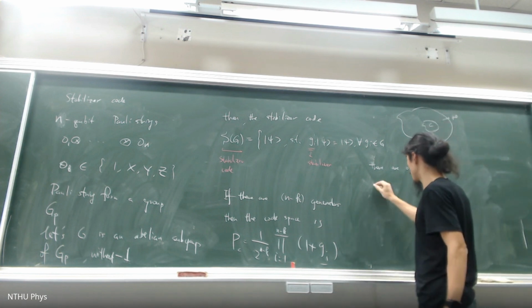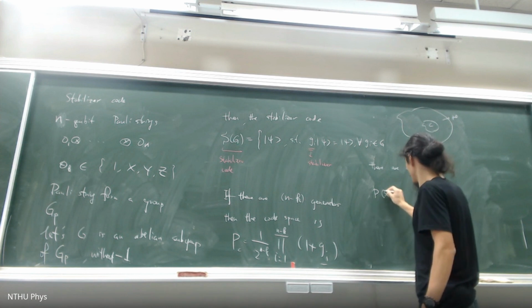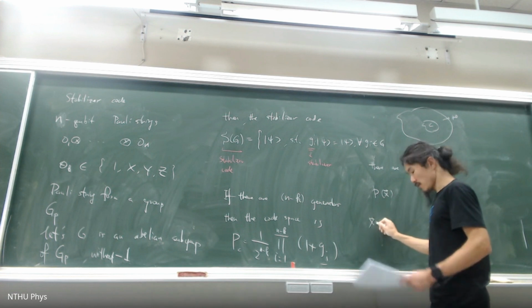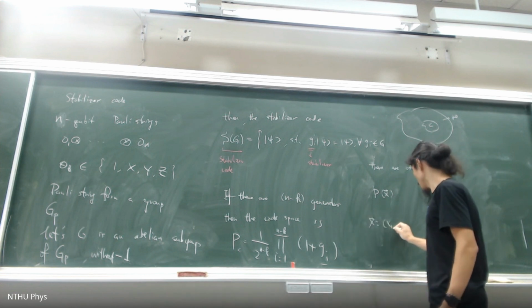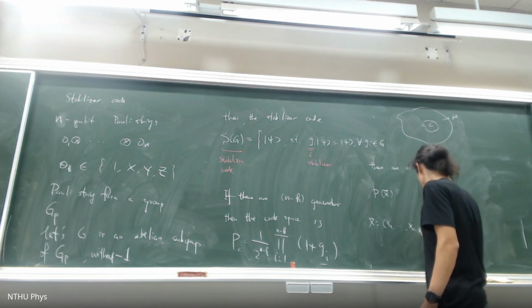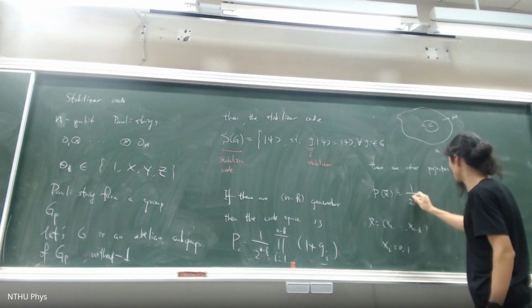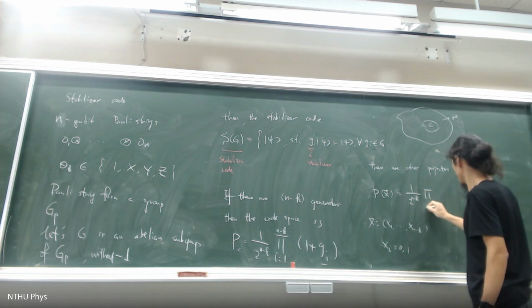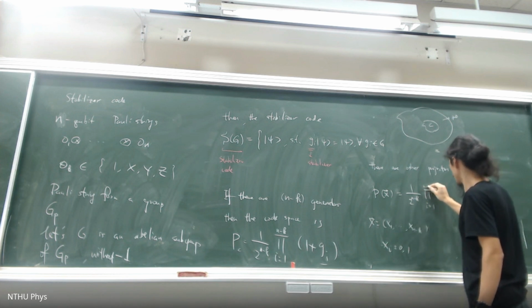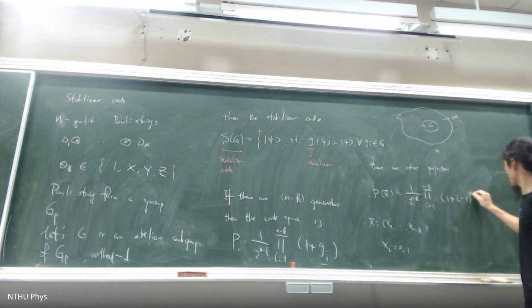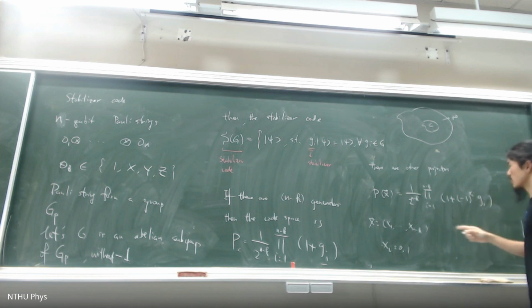So we can define this projector in a very general sense, assigning a vector x, where x is x1 through x(n minus k), and each xi is either 0 or 1. So I can define the projector in the following way, with a product over i of 1 plus (minus 1) to the xi times Gi, over 2.